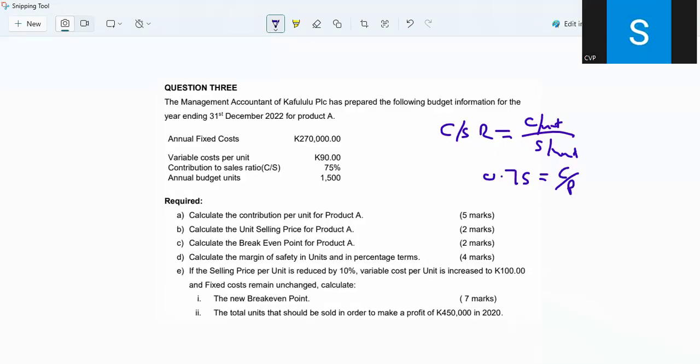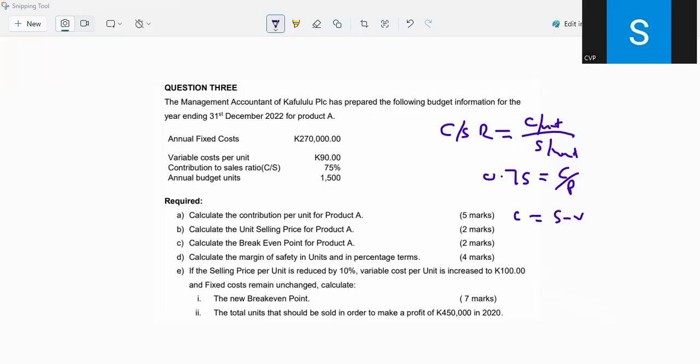So now, our question is asking us to calculate the contribution per unit. What's the formula for contribution per unit? The selling price minus what? Variable cost, right? Contribution per unit is equal to selling price minus variable cost. What do we have from there so far? What is our variable cost? 90.